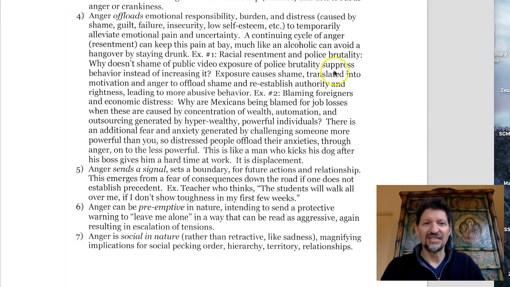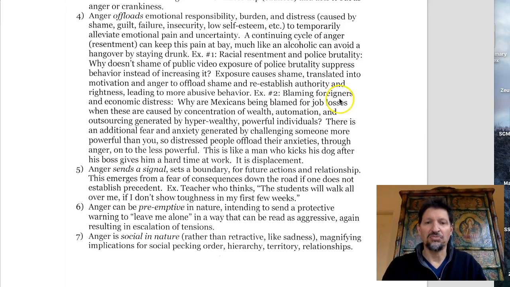That shame is translated into motivation and anger to offload the shame and reestablish authority and rightness, leading to more abusive behavior. See how that sort of vicious loop goes down and down? When that sense of shame is translated into emotion and that emotion tries to establish the former dynamic, it creates more of the same kind of behavior.